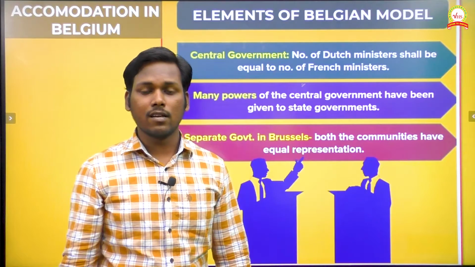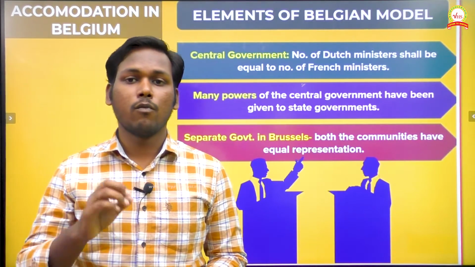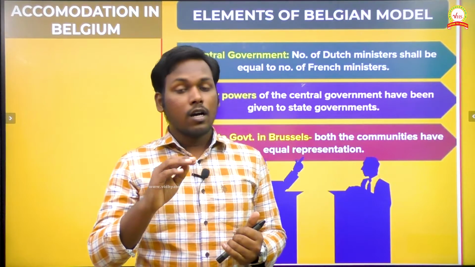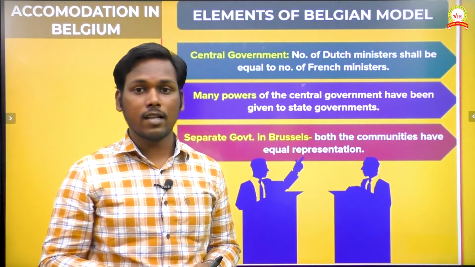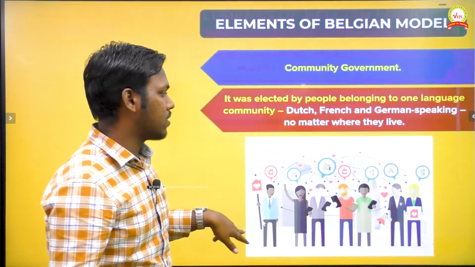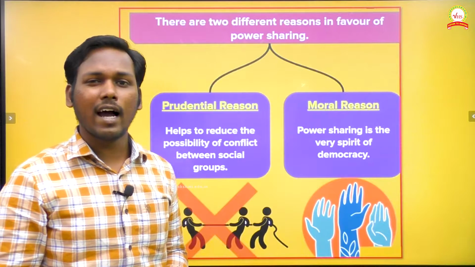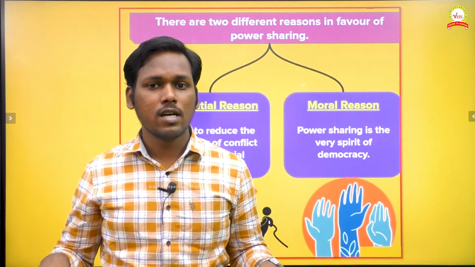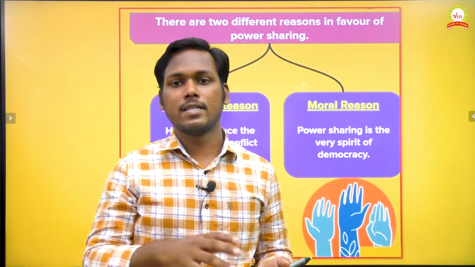Of course, it is a very small European country, but they have derived a wonderful methodology to maintain the unity and safeguard the country. Whereas in Sri Lanka, what had happened? In Sri Lanka, they didn't share the powers; they simply implemented majoritarianism.